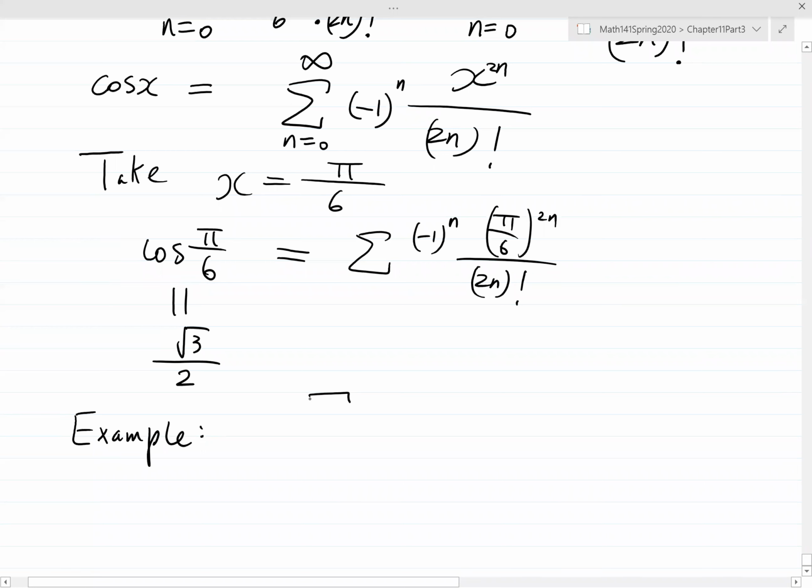Example. n from 0 to infinity, 3 to the power n over 5 to the power n times n factorial.